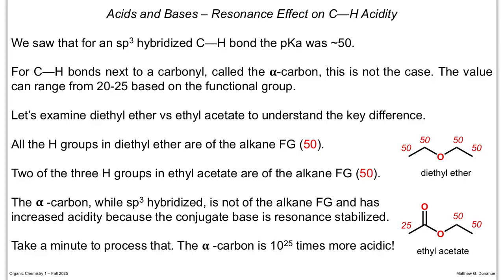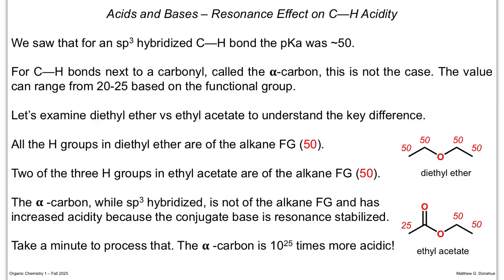So the thing I want to move into now is the reason why, when you have sp3 hybridized carbon-H bonds, there can be such a big difference in acidity based on what functional group it's a part of.